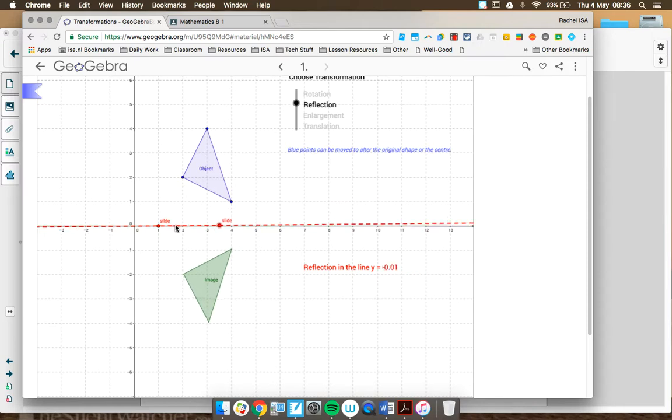And that's the reflection over the line y equals 0. Yeah, and so now it's reflecting over whichever line we choose. Okay, and I think I can also enlarge the object. Oh no, I'm not able to do that. Yeah, so we can see it's just a mirror image.